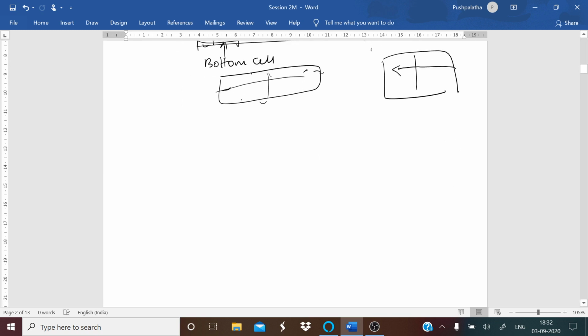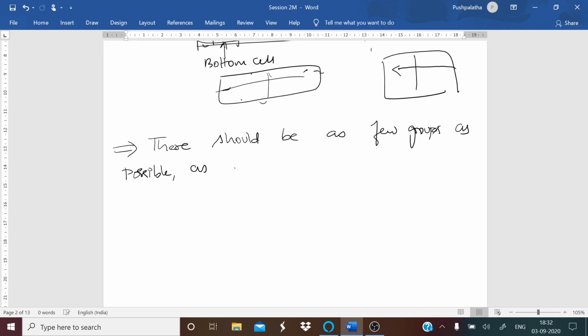And one of the last rules is that there should be as few groups as possible, as long as this does not contradict any of the previous rules.